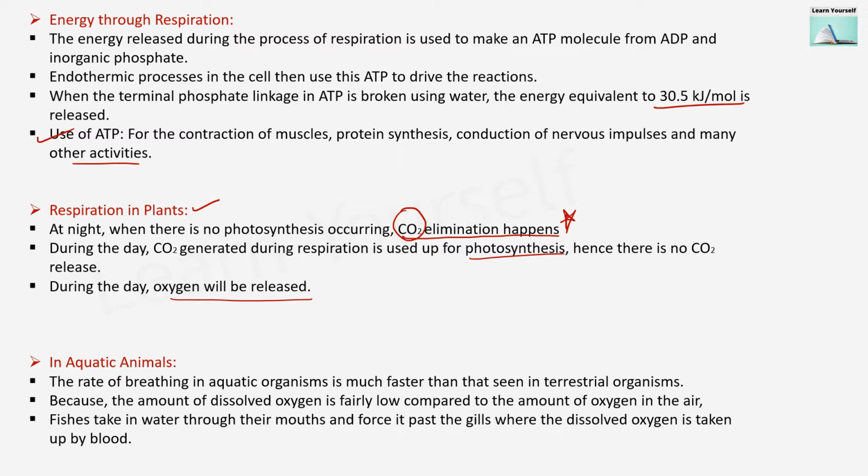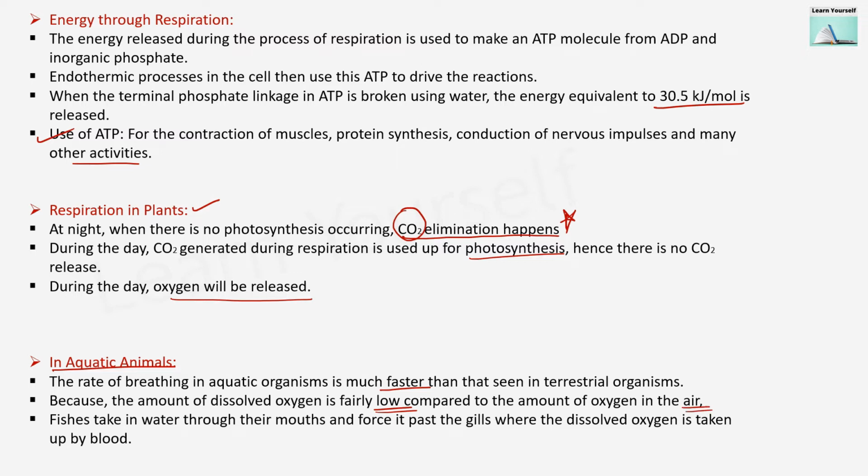Now, in aquatic animals, what will happen? The rate of breathing in aquatic organisms is much faster than in terrestrial organisms, because the amount of dissolved oxygen in water is fairly low compared to the amount of oxygen in the air.